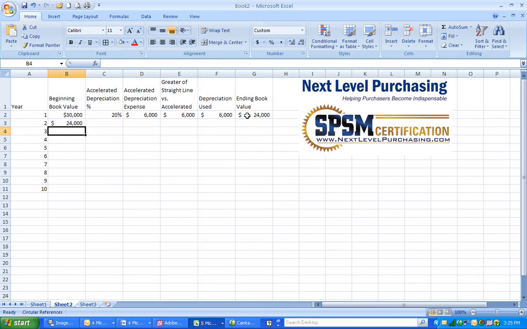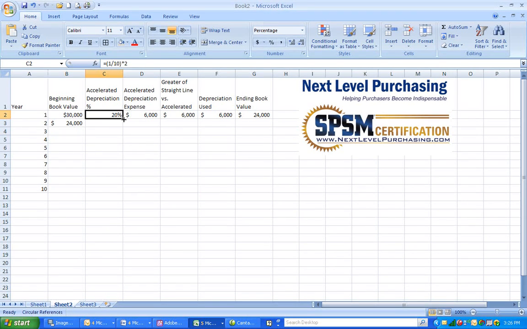The first reason is it ensures accuracy. If you're typing two numbers in here and here, then there is a chance that human error could come into play and you could type in the wrong value and mess up your entire spreadsheet. Another reason is that you can copy that cell down and it will do the calculations for you.